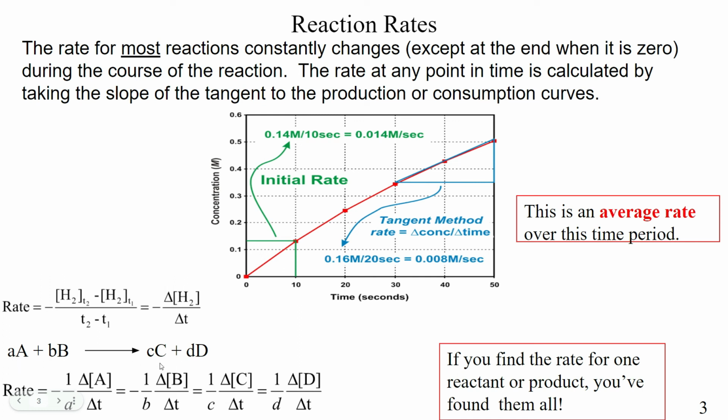We can relate this to this equation here, where it's 1 over a times our change in concentration and our change in time. This will be equal for all of these. They're going to be the same thing, because if you find one, you can basically do the math to find the other ones.